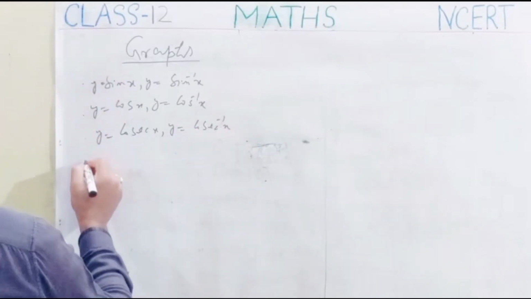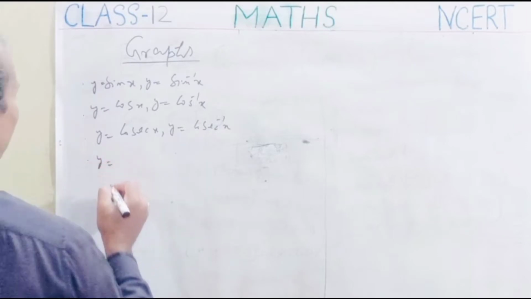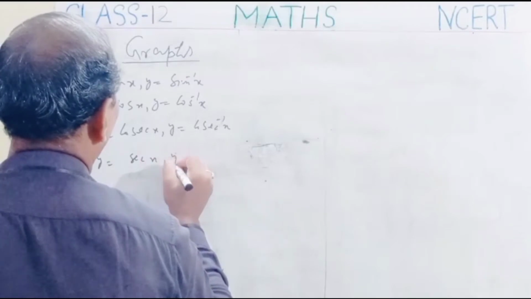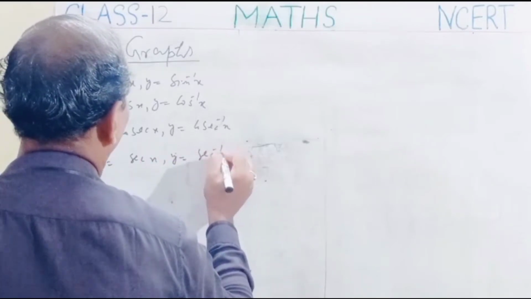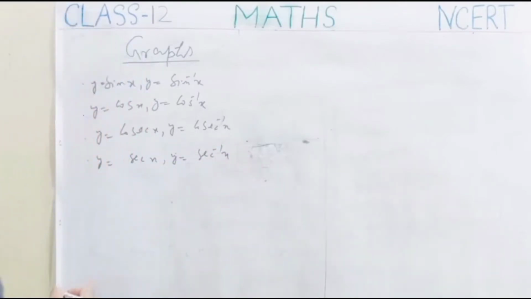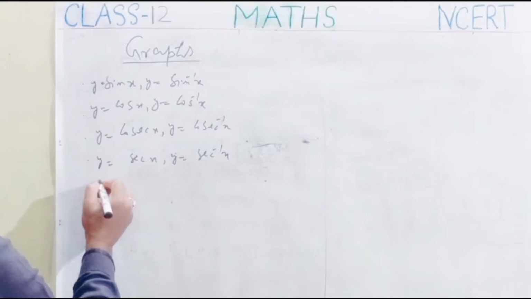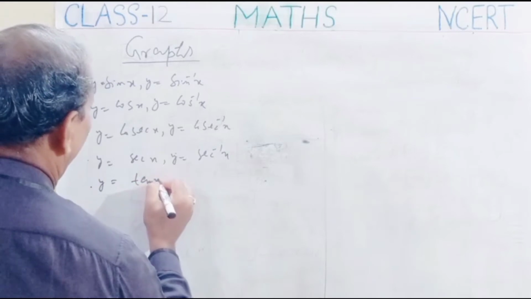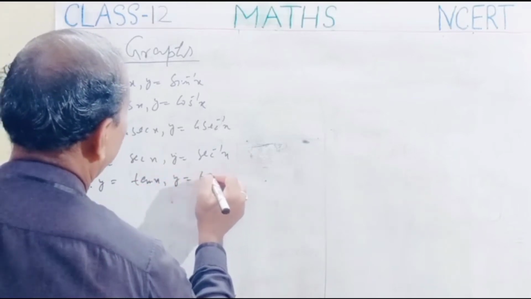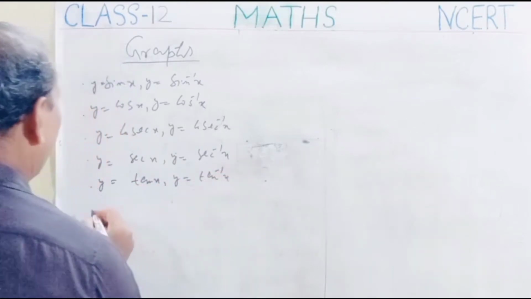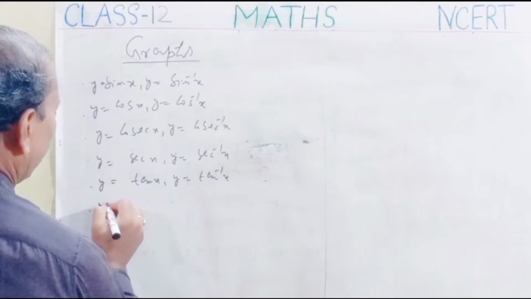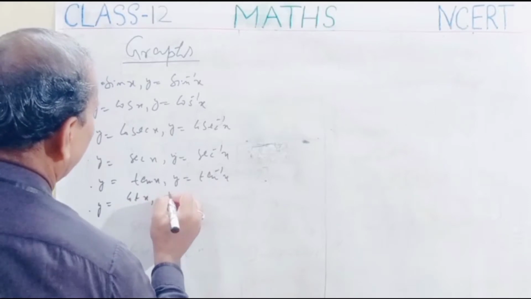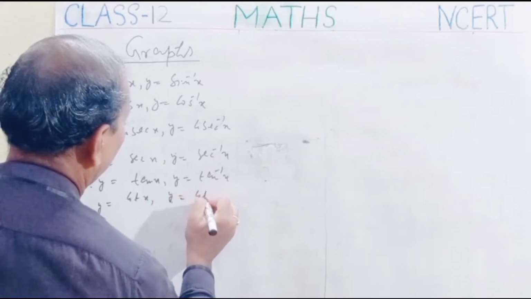Then we will draw the graph of y is equal to sec x, and y is equal to sec inverse x. And lastly, not lastly, second last, y is equal to tan x, and y is equal to tan inverse x. Then lastly, y is equal to cot x, and y is equal to cot inverse x.